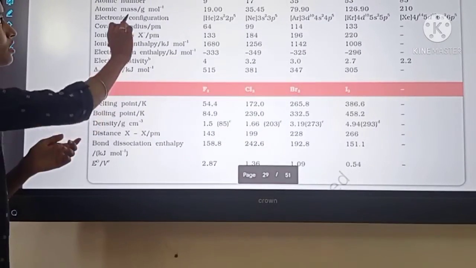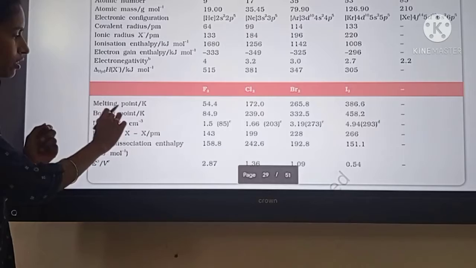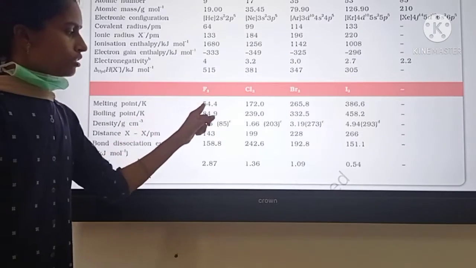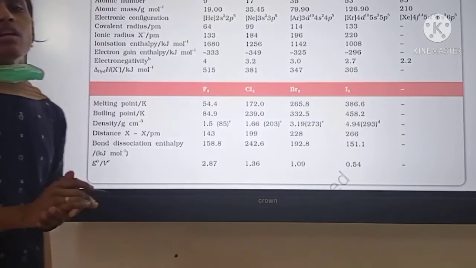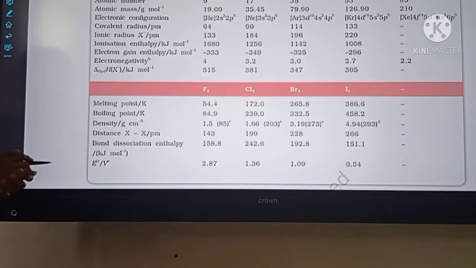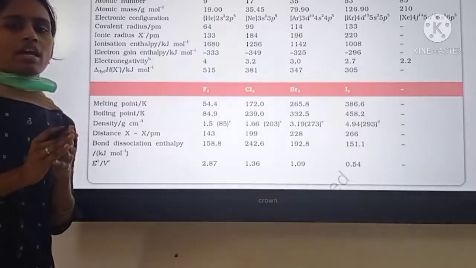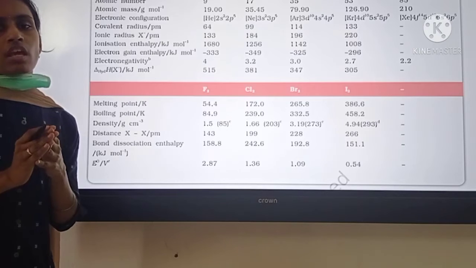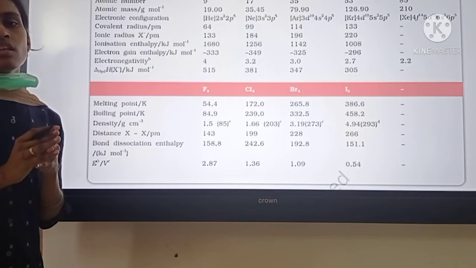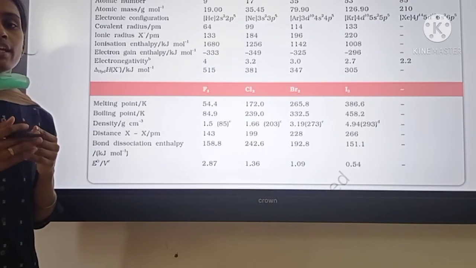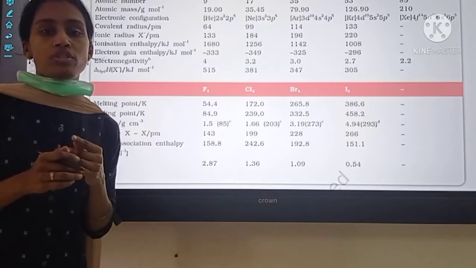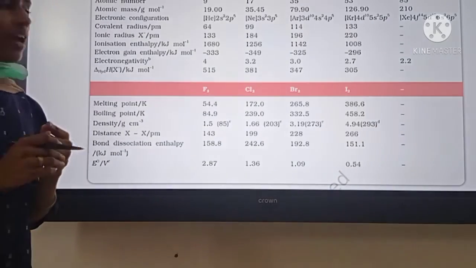So these are some properties. And melting point: the melting point increases from top to bottom. This is due to surface area. Melting point is directly proportional to surface area. If surface area increases, the van der Waals forces increase.